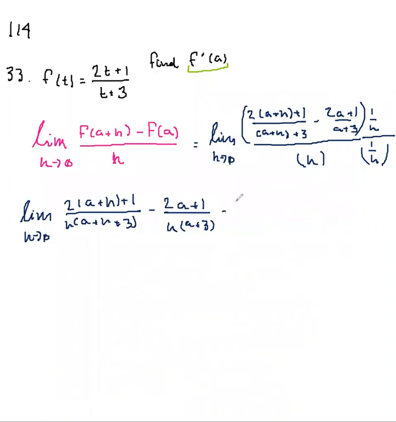So this will be 2a plus 2h plus 1 over, I'm going to have to do this anyway. Okay. So this is going to be ha plus h squared plus 3h minus 2a plus 1 over ha plus 3h.